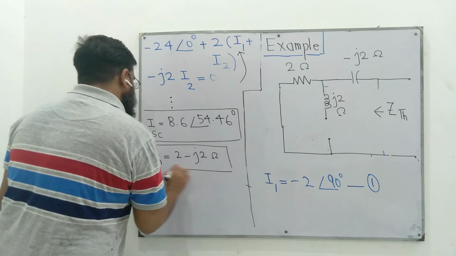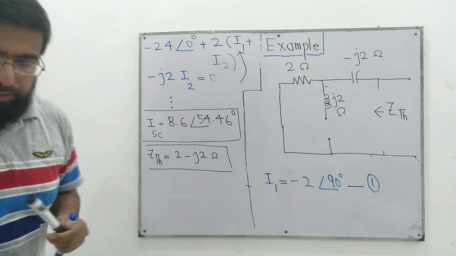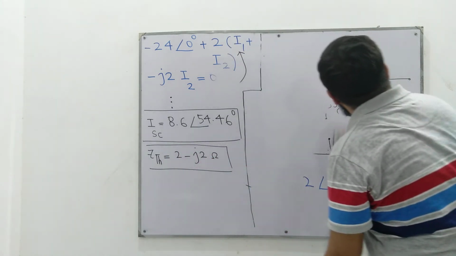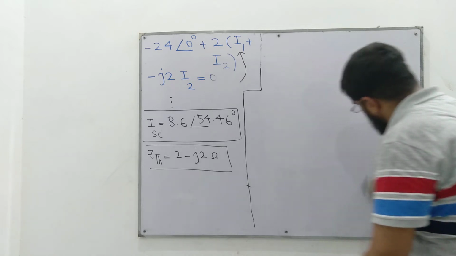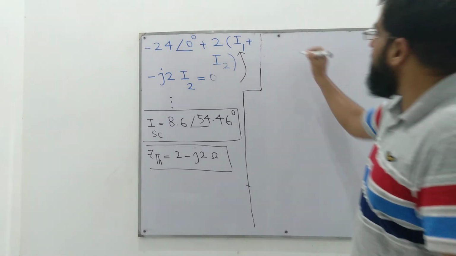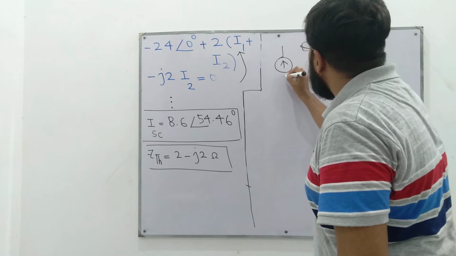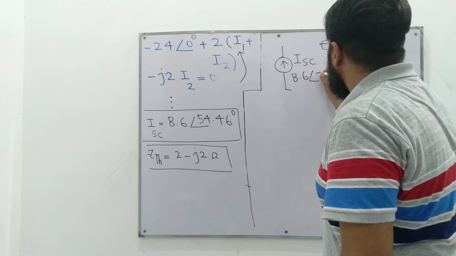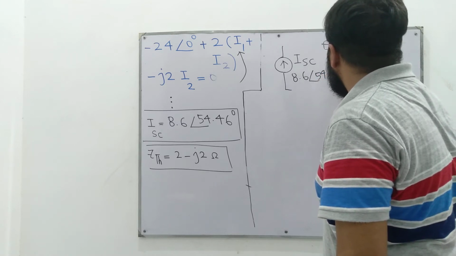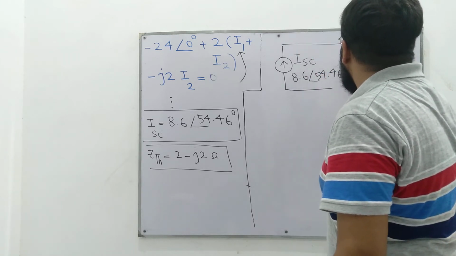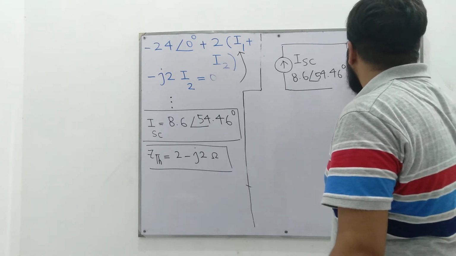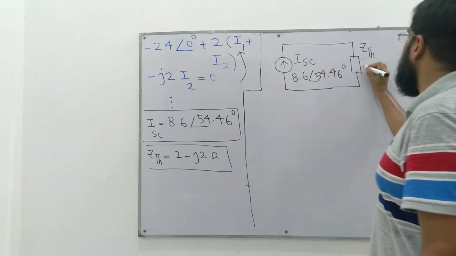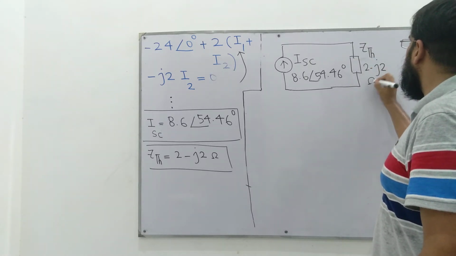Now we have Z Thevenin, we have ISC. Now we are ready to perform step number 4, in which we draw an equivalent having this current source ISC, that is 8.6 at an angle of 54.46 degrees, in parallel with Z Thevenin, which is 2 minus j2 ohms.